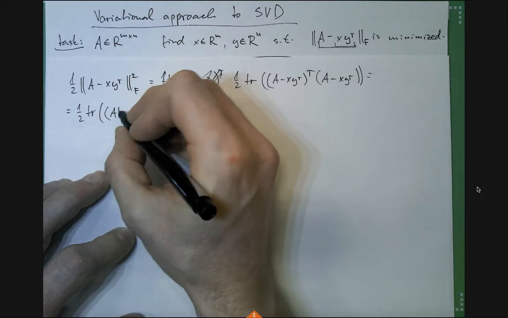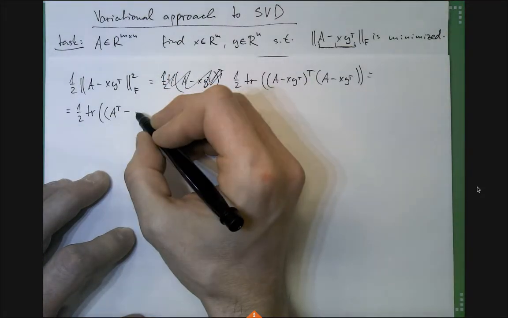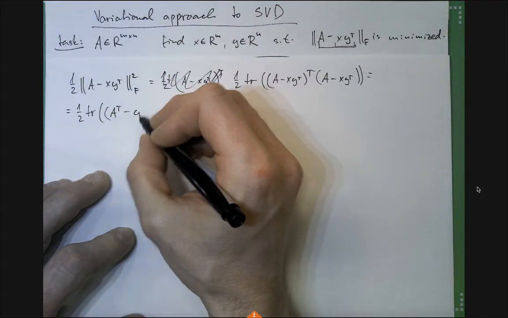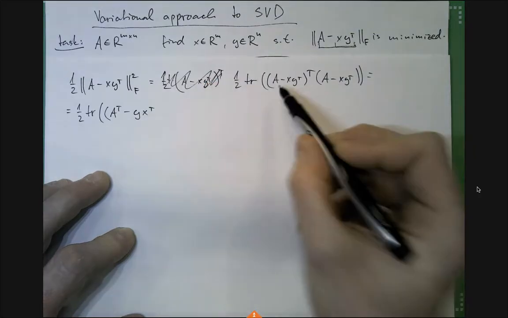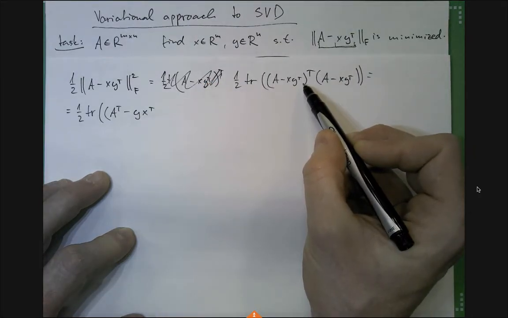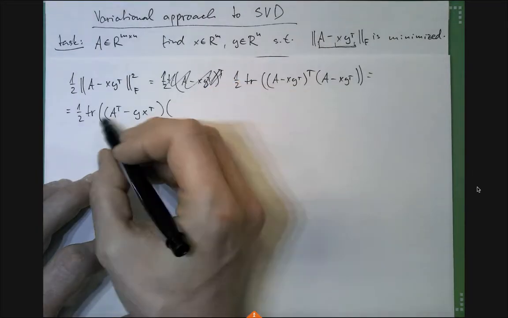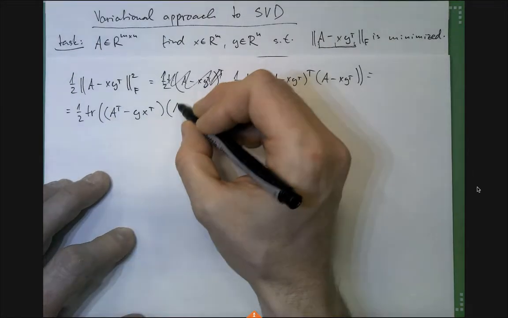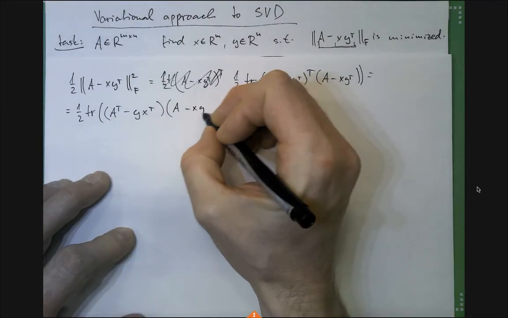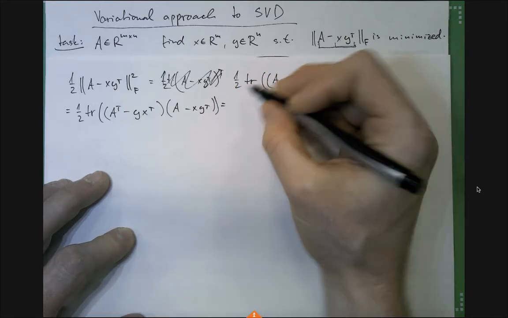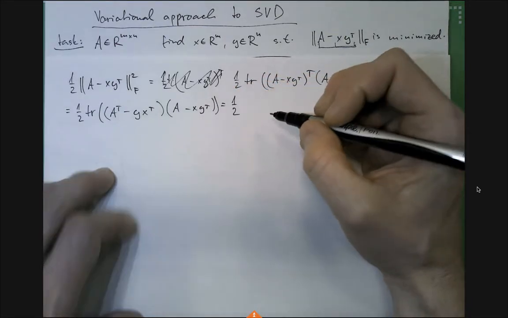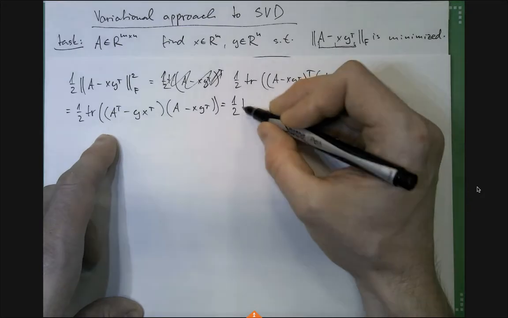So this I can write as A^T minus yx^T, right? Please check on me. Yeah, I just transposed the whole thing, and here is A minus xy^T, all right? So let me expand the product here.